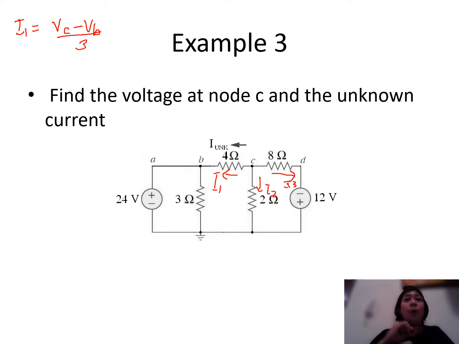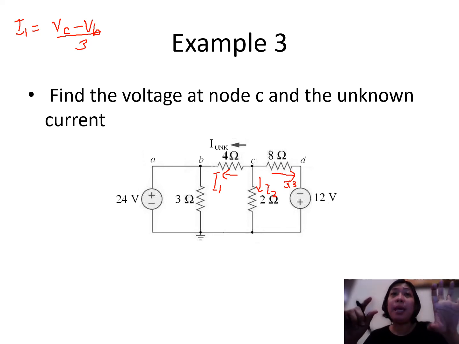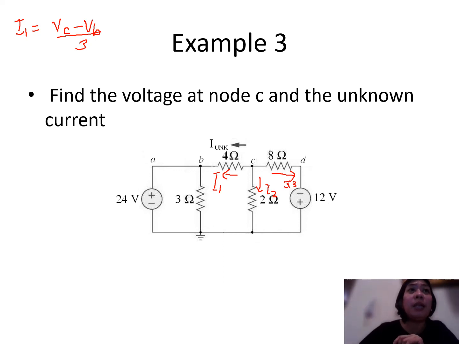However, as you look at your VB, it is in parallel with VA, and VA has a direct voltage source connected to it, which is equivalent to 24 volts. So therefore, the voltage at VB is equivalent to 24 volts. So we can rewrite I1 as VC minus 24 divided by 3.